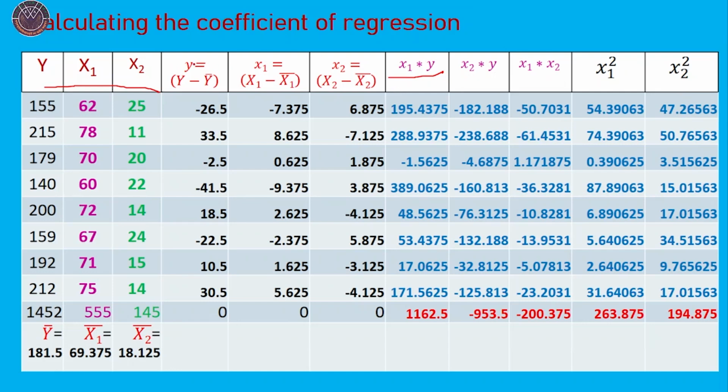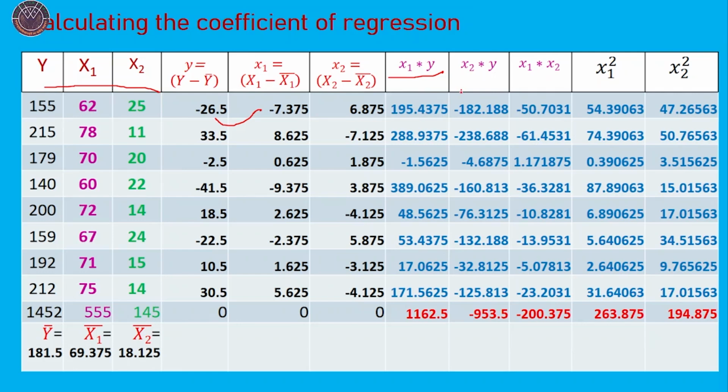The first one is minus 26.5 into minus 7.375. For each small x1 and y, we do the multiplication and get all the terms in this column.